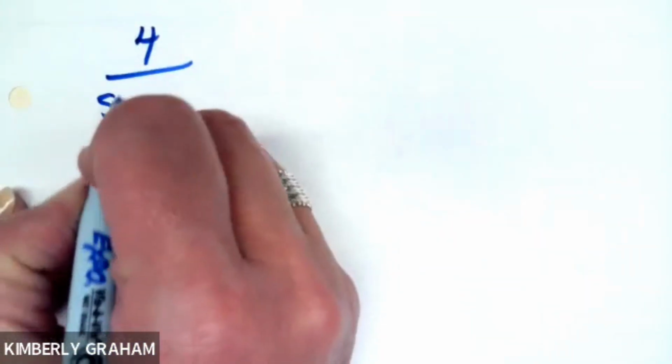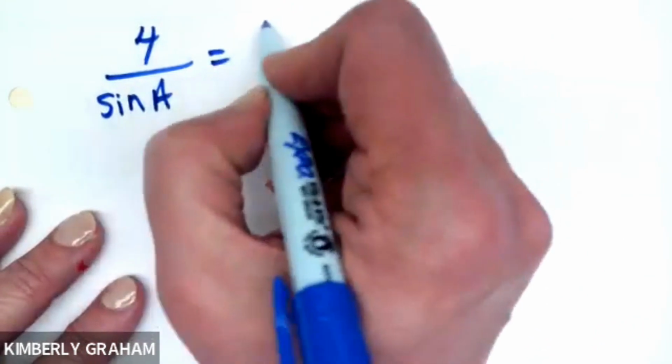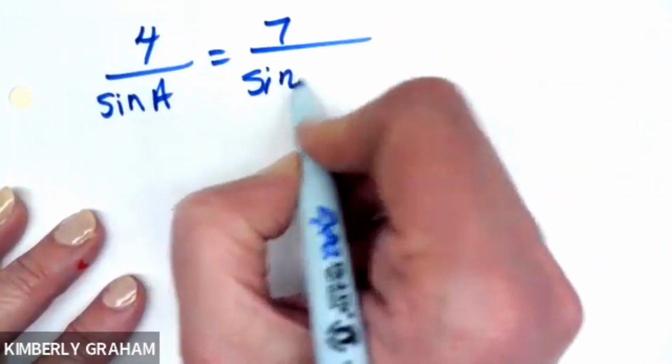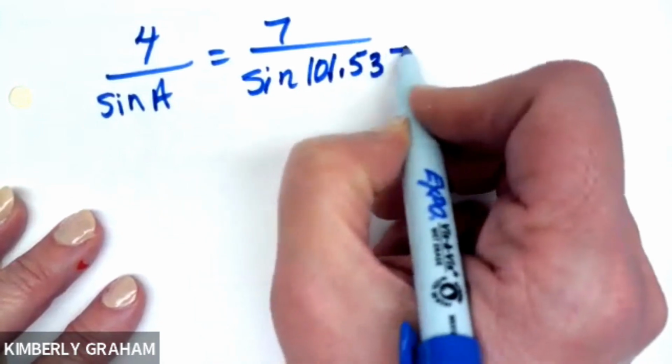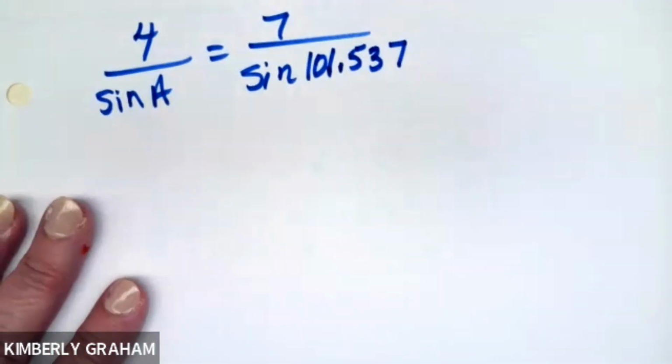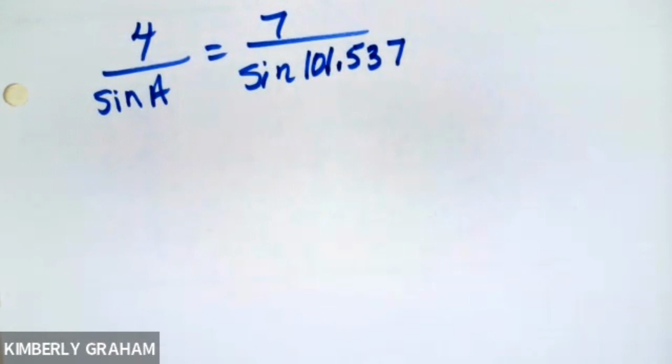I found A. Sine A over 4 is equal to sine of 101.537 over 7. So there's my proportion using the law of sines, and that's going to allow me to find angle A.